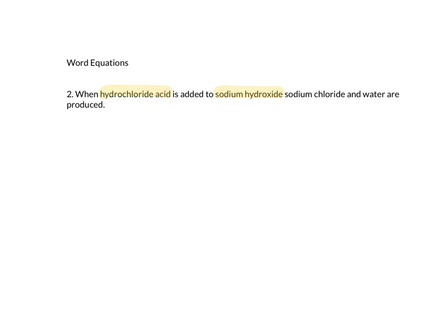Well, this is just another way of saying combined with. You're mixing these two things together. So hydrochloric acid is added to sodium hydroxide. These are going to be my reactants. And then it says, and there should be a comma here, that sodium chloride and water are produced. So these are the two things that are produced. Hydrochloric acid and sodium hydroxide are the two things that are being reacted together.